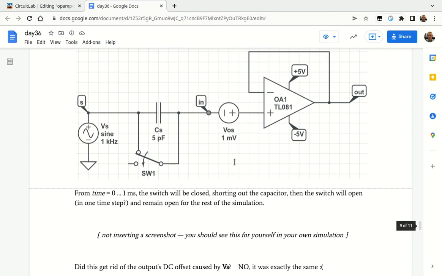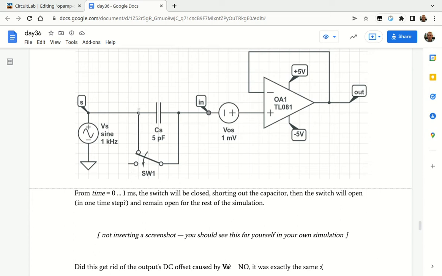So one reason why our output didn't shift at 0 to 0 because of this capacitor was when this capacitor is shorted, obviously the voltage between the left side and the right side, S and node in, are the same. So the moment that I open this switch, that initial condition will stay the same.